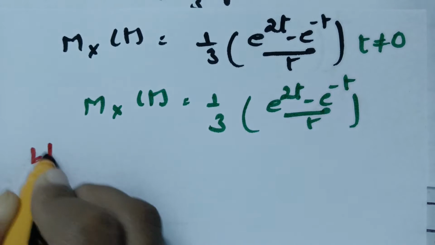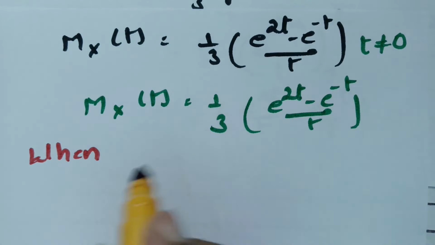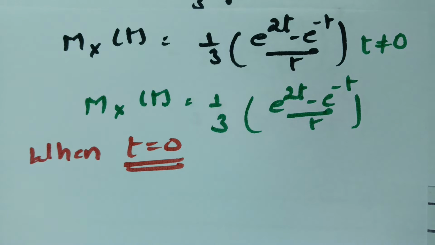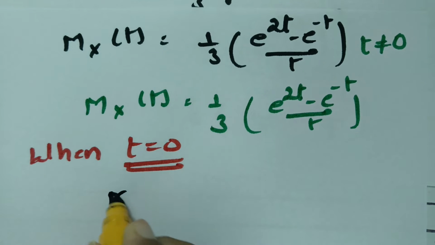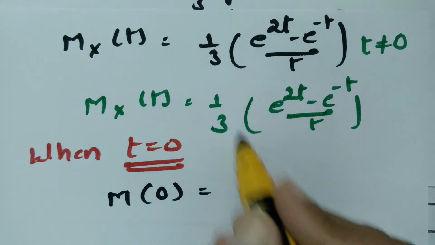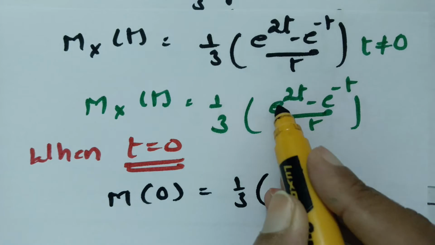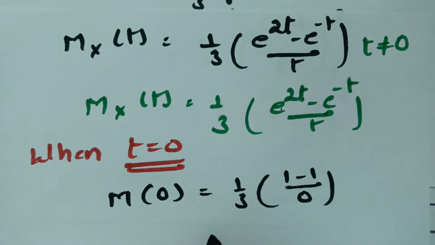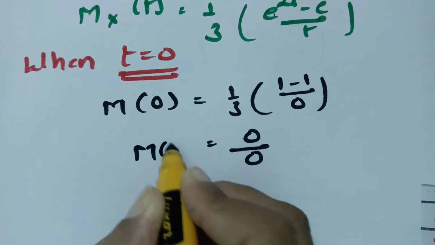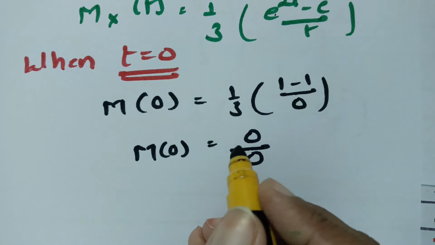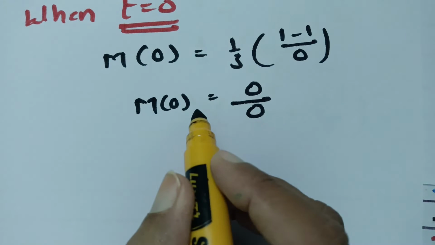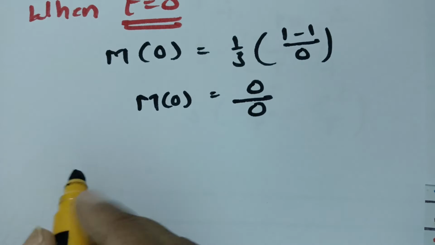When t is equal to 0, anything to the power of 0 is 1, so we get 1 minus 1 by 0, which is 0 by 0. So M of 0, the function value here, is 0 by 0.